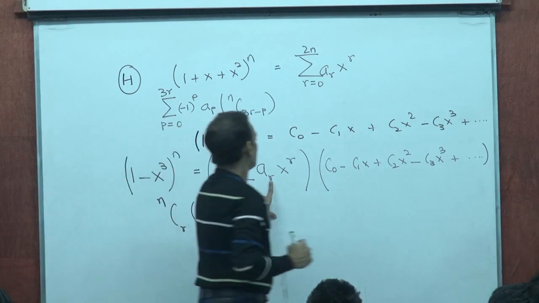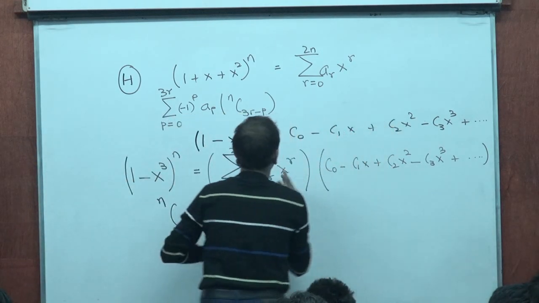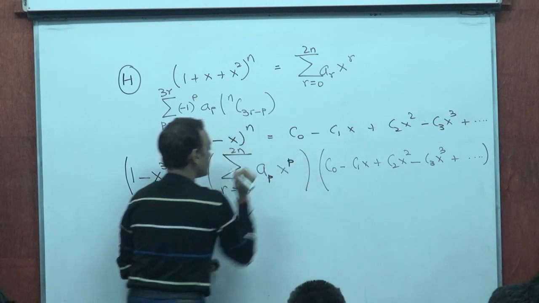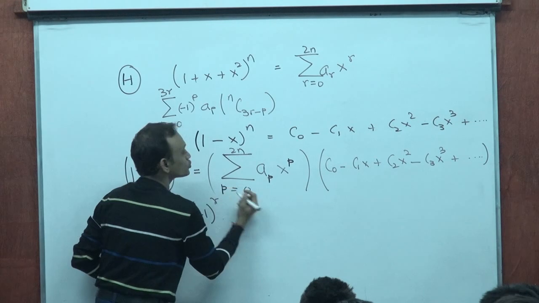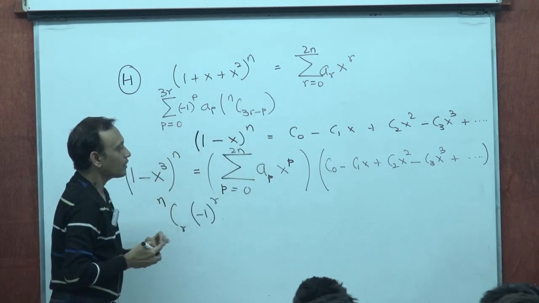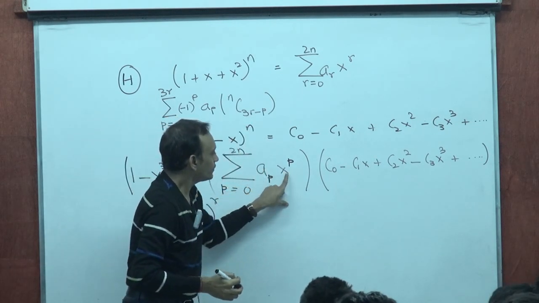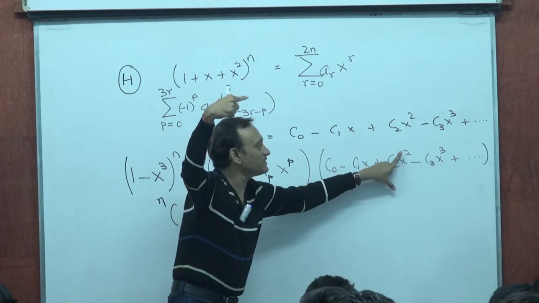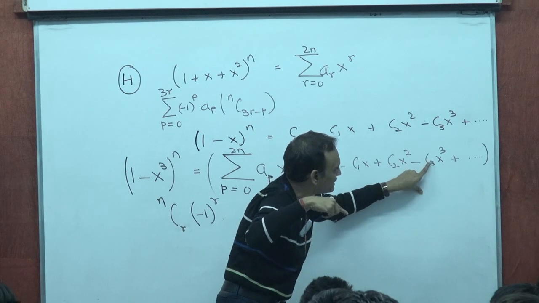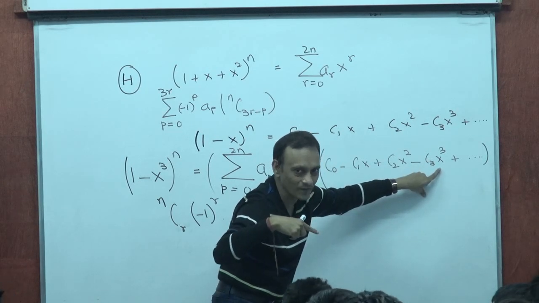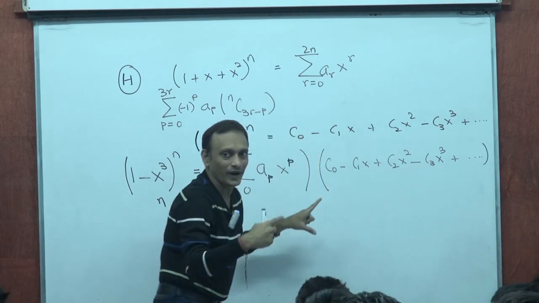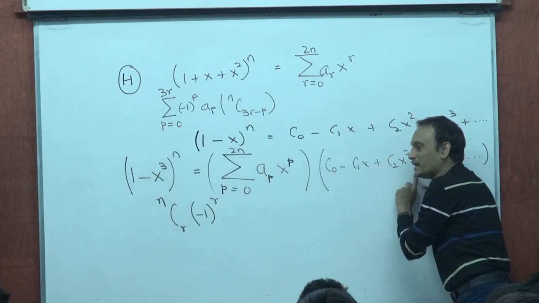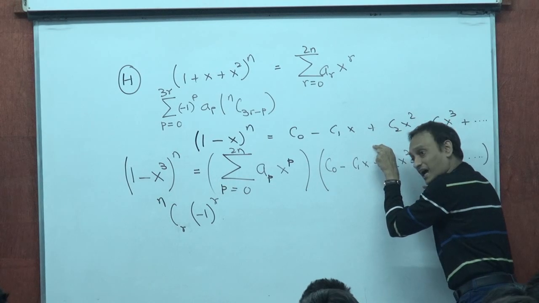Let's say we have A_p, where p runs from 0 to 2n. So A_p will give me x^p, and then I need x^(3r-p) there, which will be obtained by nC(3r-p) (-1)^(3r-p). You know what I'm saying? With every A_p, you need nC(3r-p) and (-1)^(3r-p).